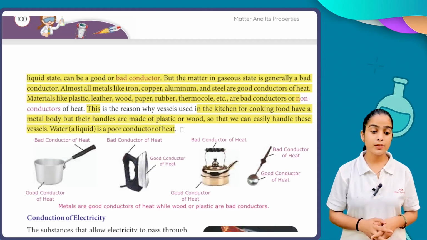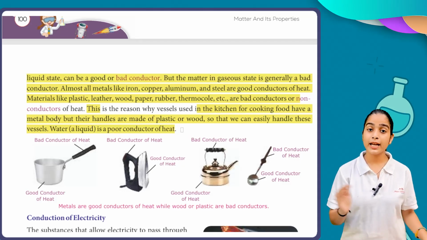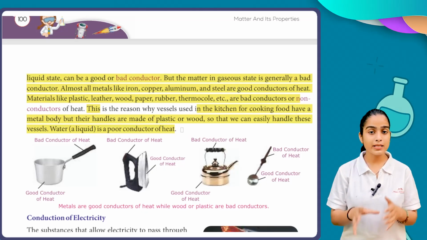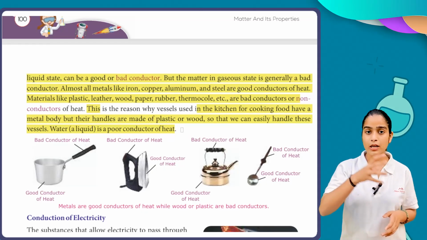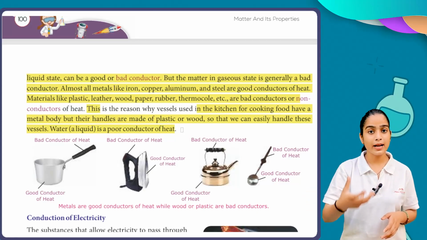Water or liquid is a poor conductor of heat. That is why when we use iron or copper utensils, the handle is always wood or plastic, because plastic and wood are bad conductors, so they cannot pass the heat, we can easily hold it, otherwise our hand would get burned.